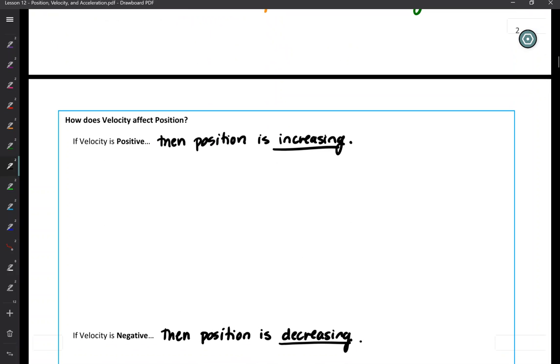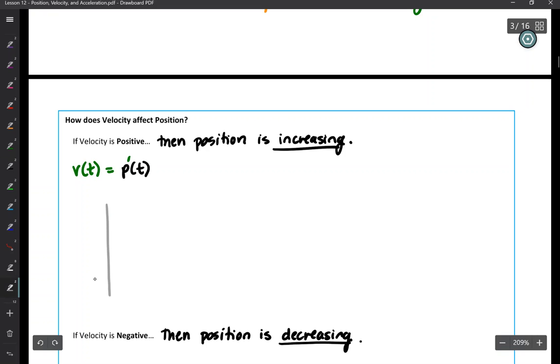Okay, so why should this be the case? Remember that velocity, let's just use v, is the derivative of my position function. So for an example, here's time, here's some distance units.